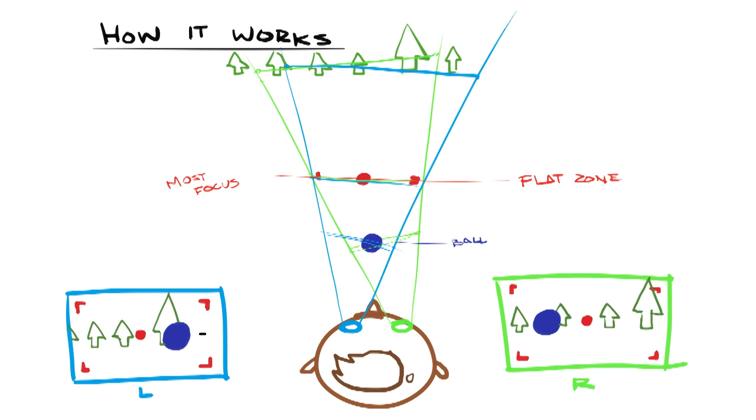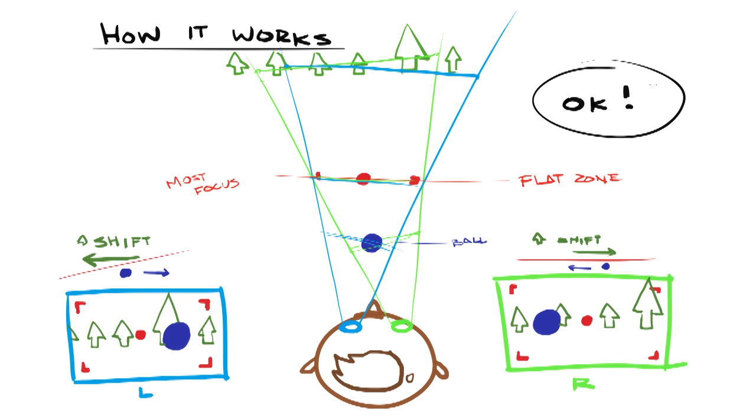So everything beyond that flat zone shifts to the left for your left eye or to the right for your right eye, and everything in front of that flat zone in the cone of vision basically shifts the opposite way. So things that are closer are going to shift to the right or the left on the opposite eyes.